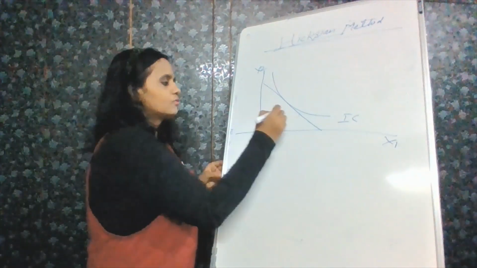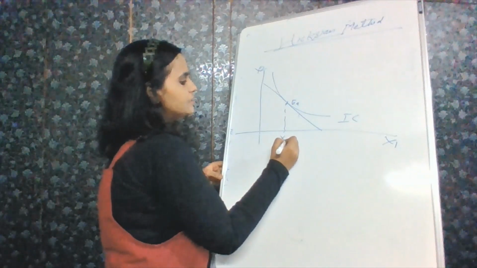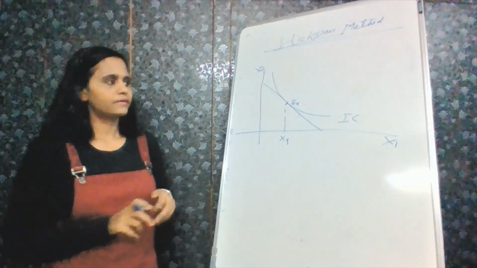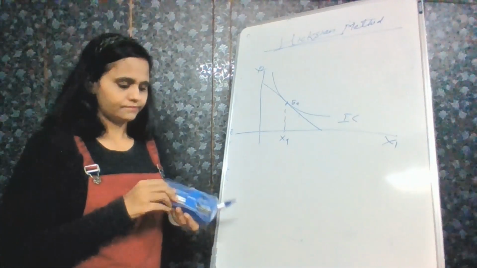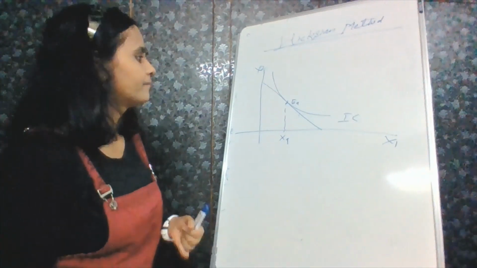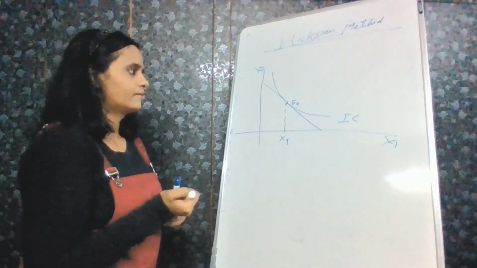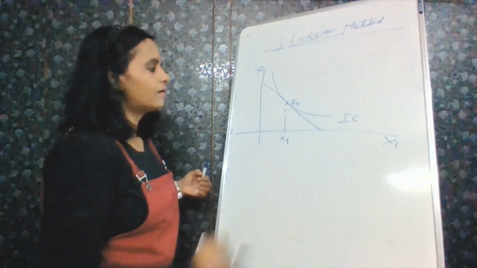So your good X1, consider this is the initial budget constraint. So the initial good is XA. That is your initial good. Now consider this is the optimal bundle.